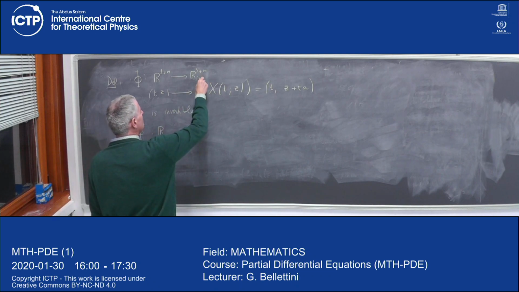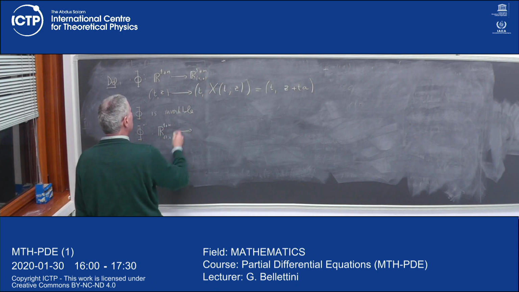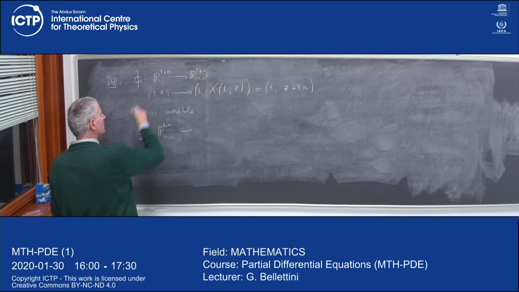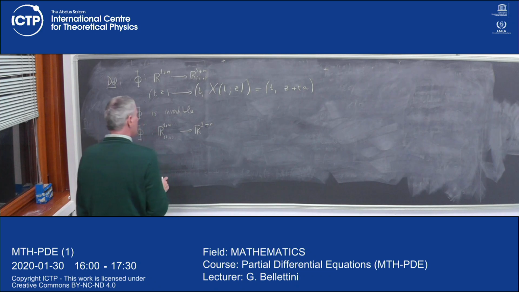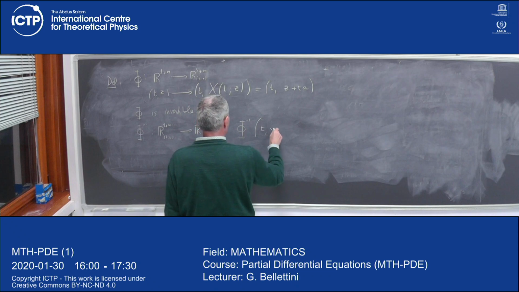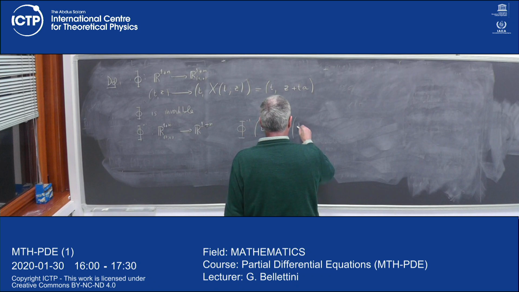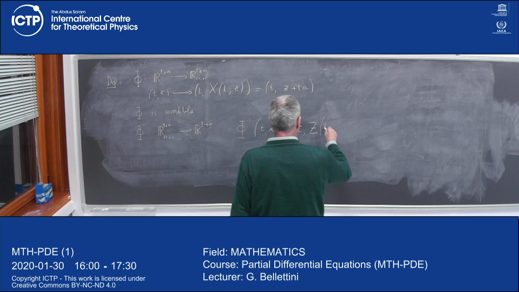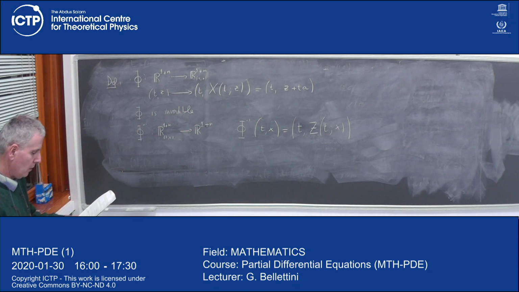So, let me call this... phi minus 1 goes from here to here. It has the following structure. So I think I call this maybe Z. Let me check if my notation is right.